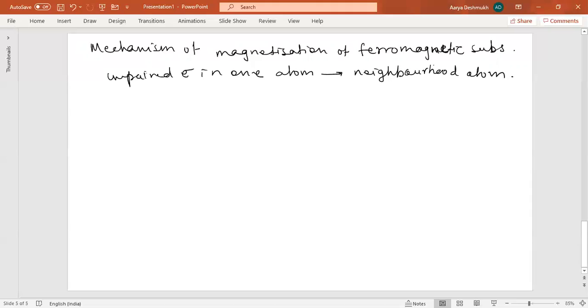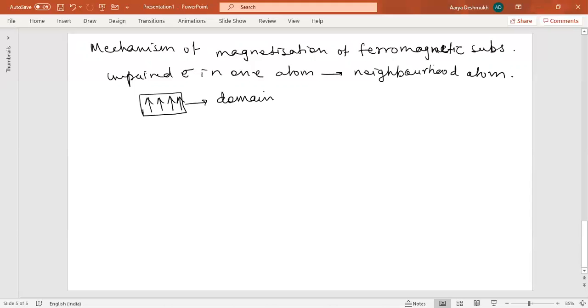Means the number of electrons which are aligned. If you take a small volume of the solid, those electrons will align themselves in the same direction, likewise as I showed earlier. So they align themselves in the same direction, and this is called a domain.